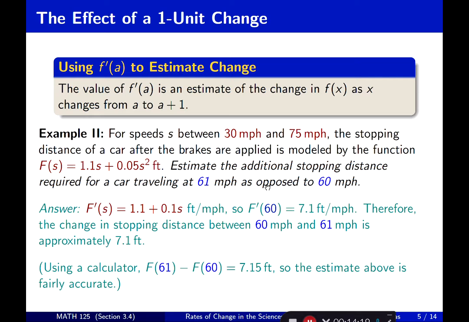And sometimes it's not 60 and 61. Somebody's supposed to go at 40 miles per hour and they're going 80 miles per hour, or all that investigator has to show is that it's a lot more than 30 miles per hour. If you use the calculator and actually do the subtraction, you get 7.15 feet. So the estimation wasn't too bad.